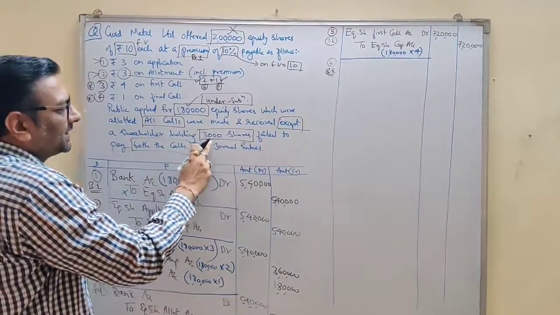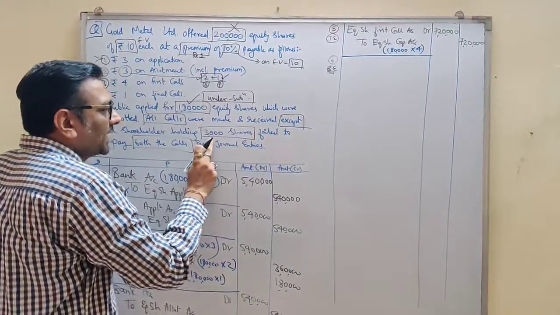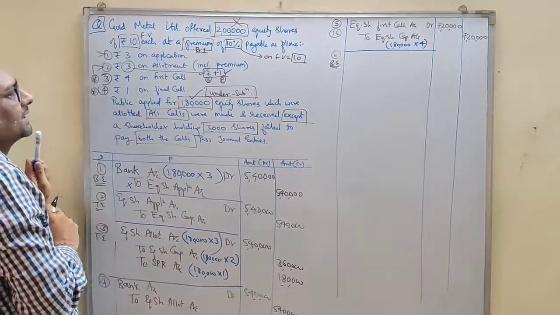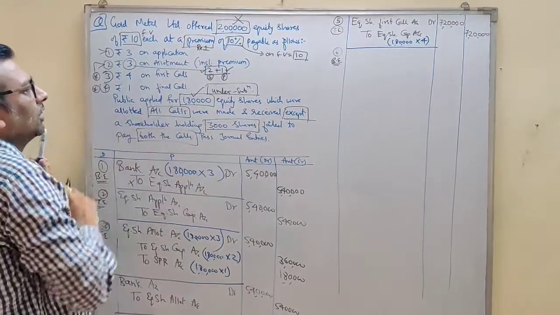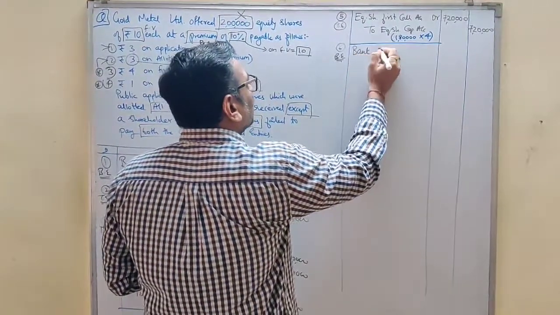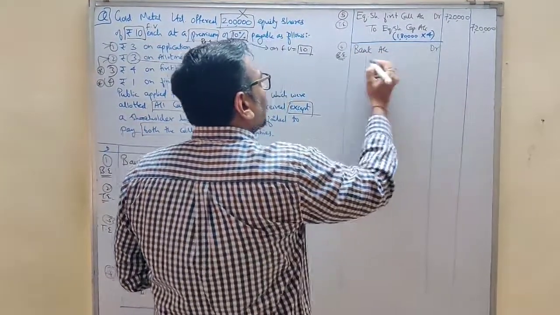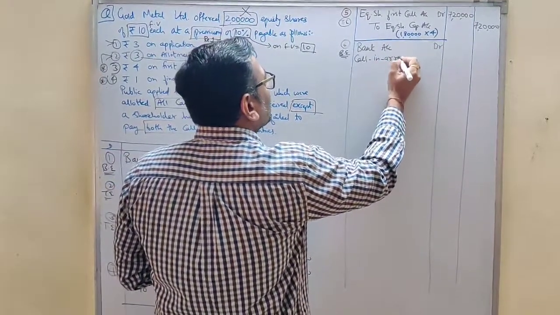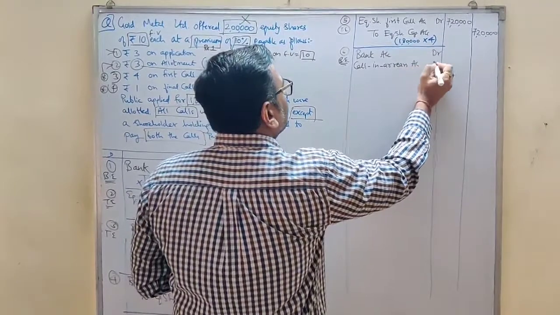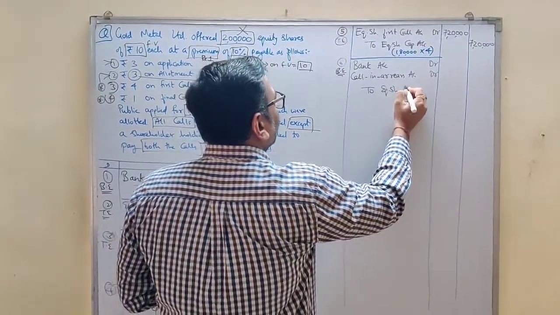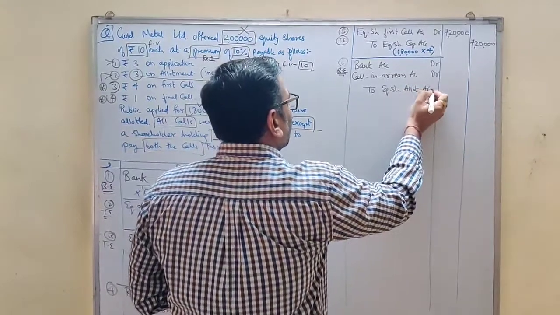How much arrear money is there? On 3,000 shares, you have not received first call ka 4 rupees. There is arrear on both the calls. So how to record bank entry now? Bank account debit. Then you will also record arrears. Calls in arrears account debit to equity share allotment account.